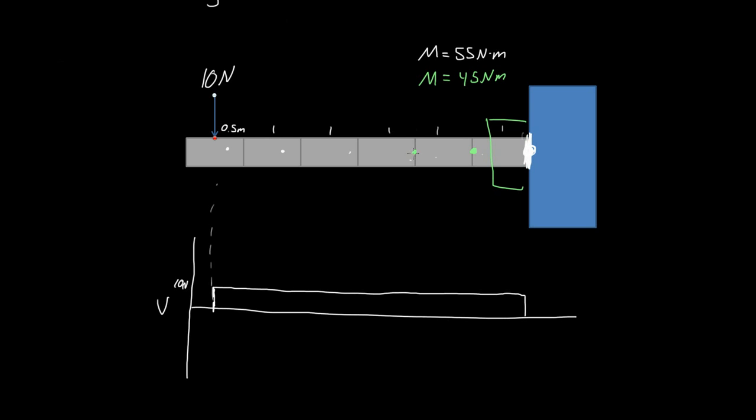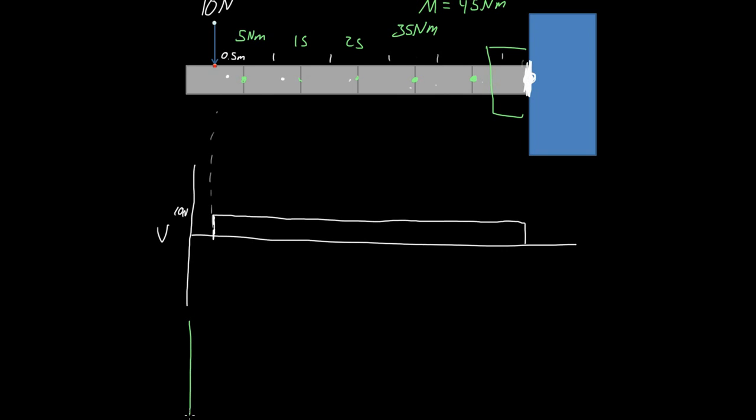If we kept on going, we'd see that this point has a moment of 35 Newton meters, this point 25, 15, and this right here would have a moment of 5 Newton meters.